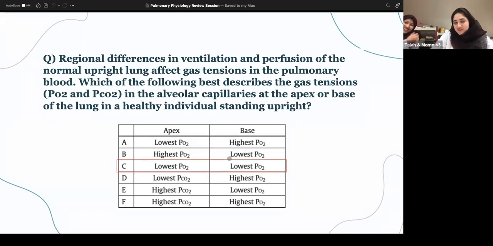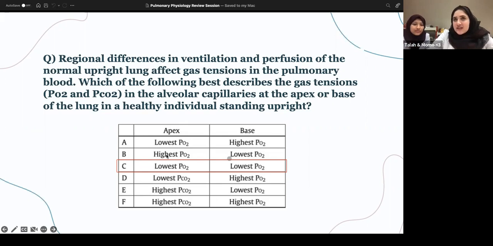I thought it was B too. That's why I understand. The thing is, they're asking for alveolar capillaries. So the apex, I know that we have increased ventilation in the apex, but the apex contributes to the alveolar dead space.